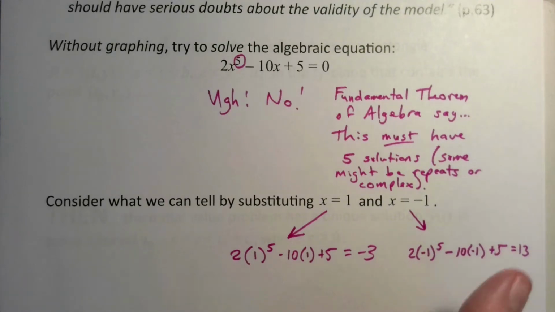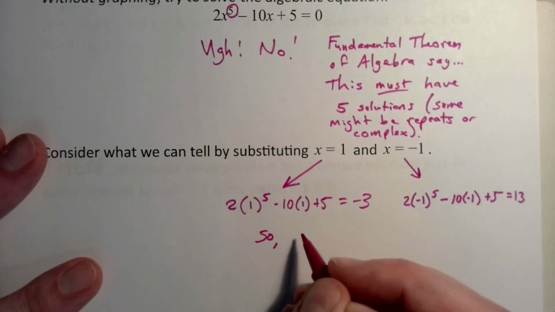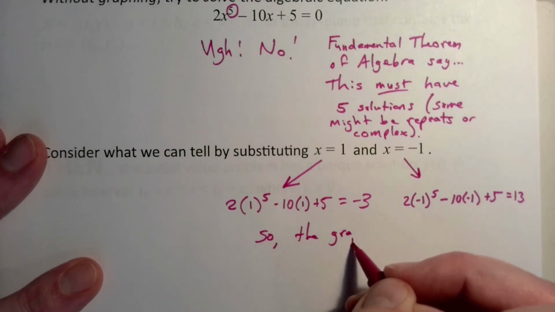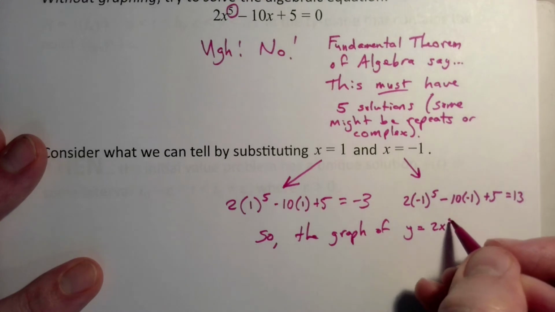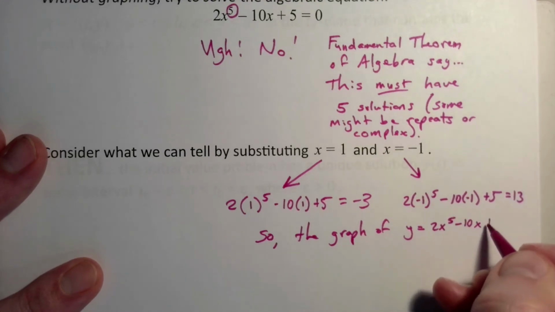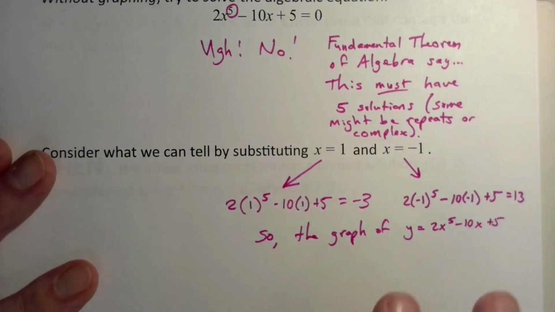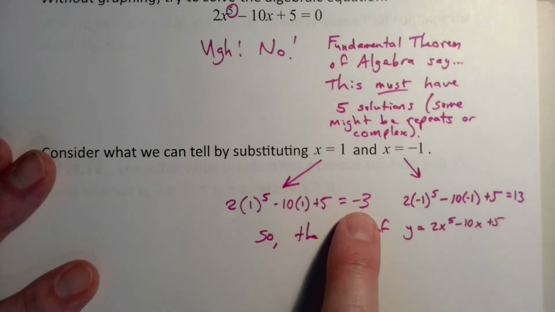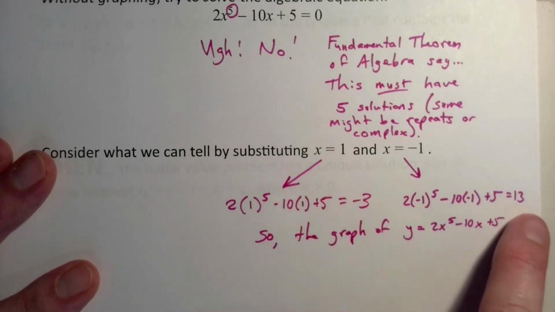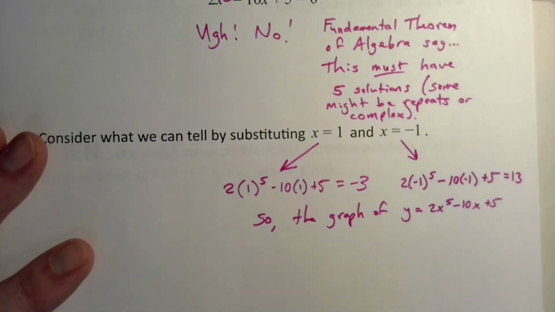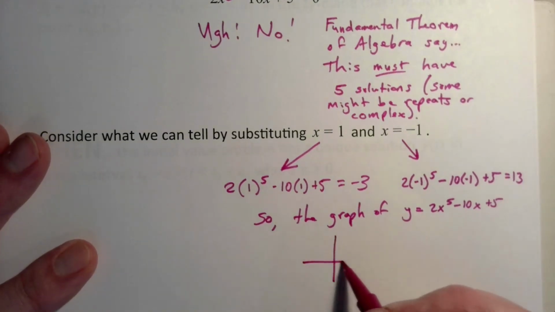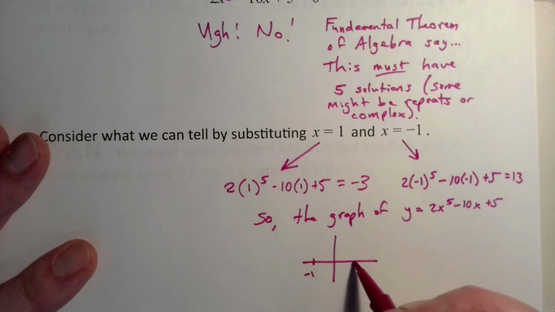That means the graph of y equals 2x to the 5th minus 10x plus 5, if I were to graph that, has to go from positive at x equals negative 1 to being negative at x equals 1. So we can expect there's got to be a 0 somewhere between there. So if you imagine x equals negative 1 and x equals positive 1.